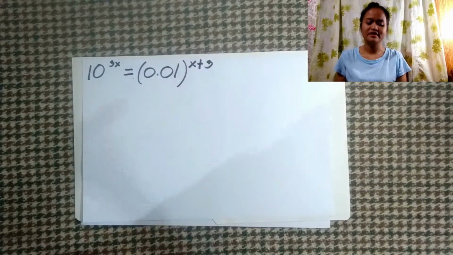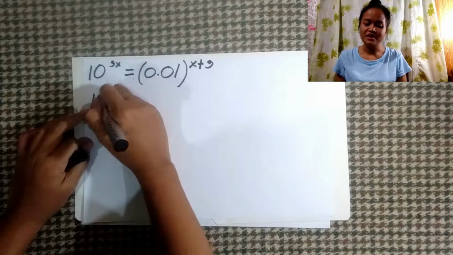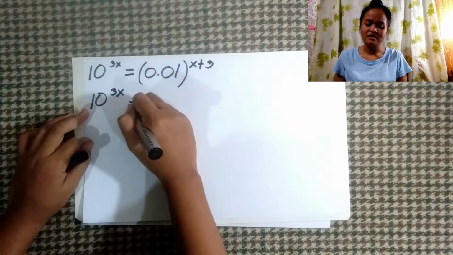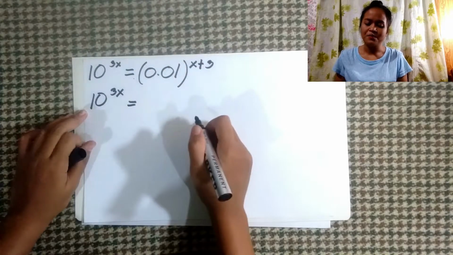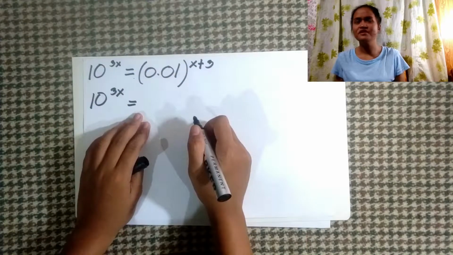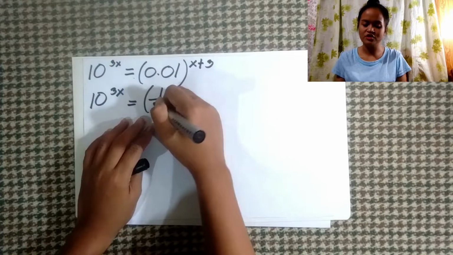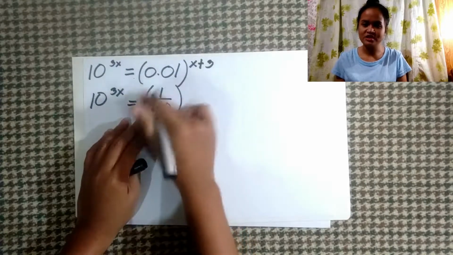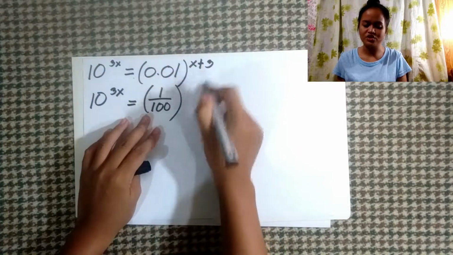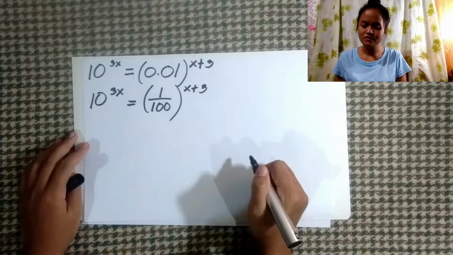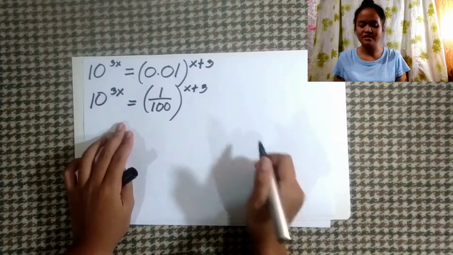So let's write 10 raised to 3x equals 0.01, let's change that into a fraction. So this is just equal to 1/100. Copy the exponent, x plus 3. So the bases are not yet equal.